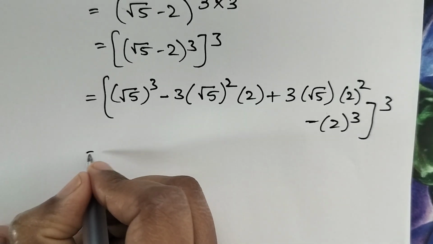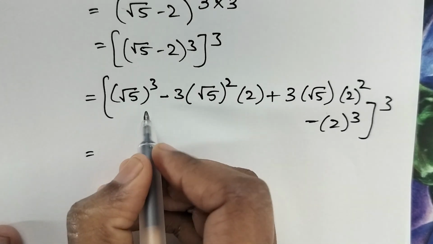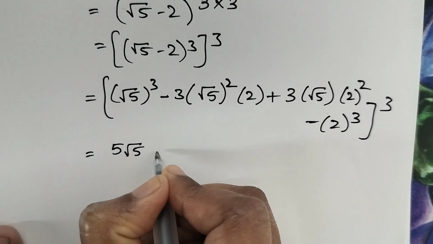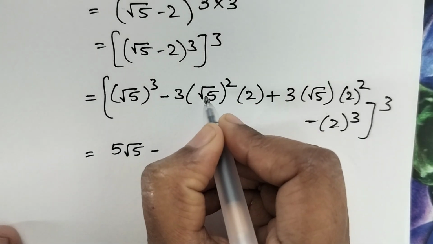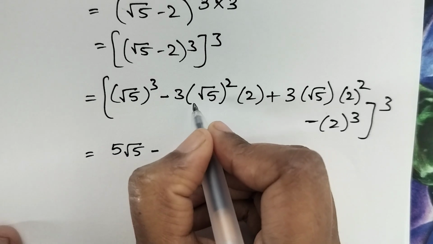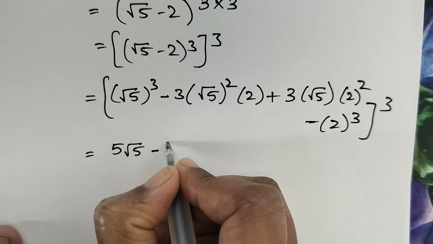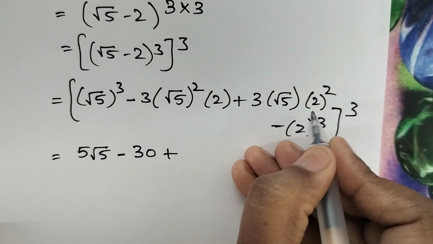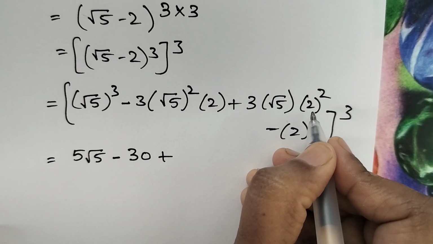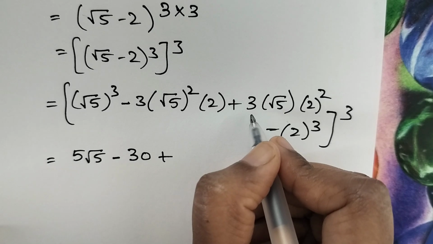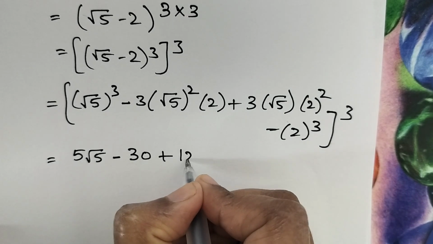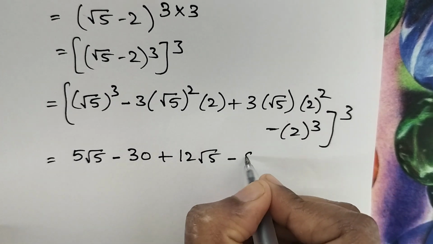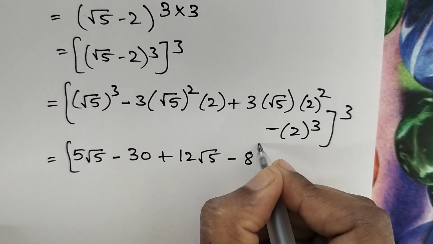So now, square root of 5 cube is equal to 5 square root of 5 minus, here the square root gets cancelled, 3 times 5 is equal to 15, 15 times 2 is equal to 30. So plus, here 2 square is equal to 4, 4 times 3 is equal to 12, 12 square root of 5 minus, 2 cube is equal to 8, whole to the power of 3.